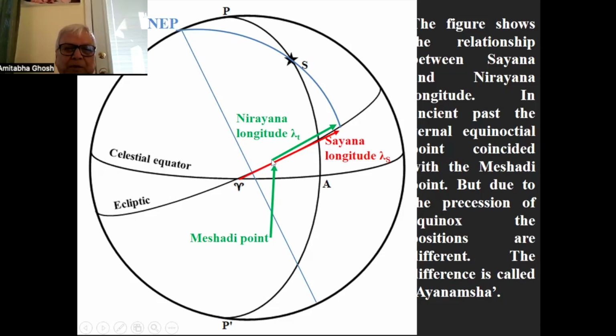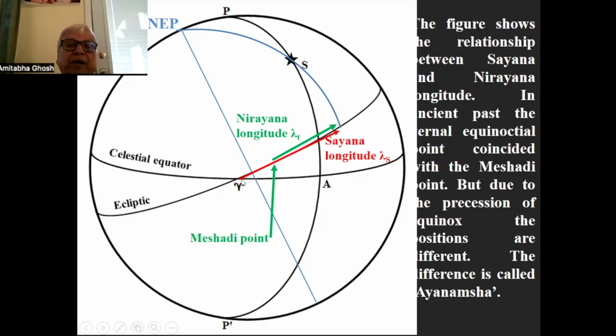So this being the starting point of the Mesh Rashi, Meshadi, this is the Nirayana longitude of the star here. This is the Nirayana longitude, lambda n. It is written here as lambda t. I don't know why they use t. The red one is the Sayana and the green one is the Nirayana. Latitude will be the same in both cases.